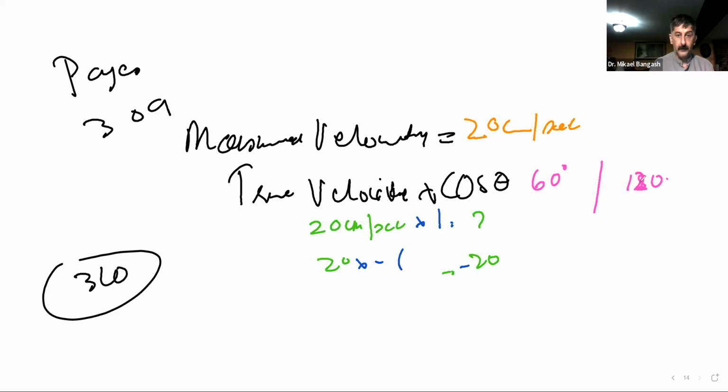Now, our true velocity was still 20 centimeters per second, right? But if you multiply by the cosine theta value of 60 degrees, what was that? 0.5, right?